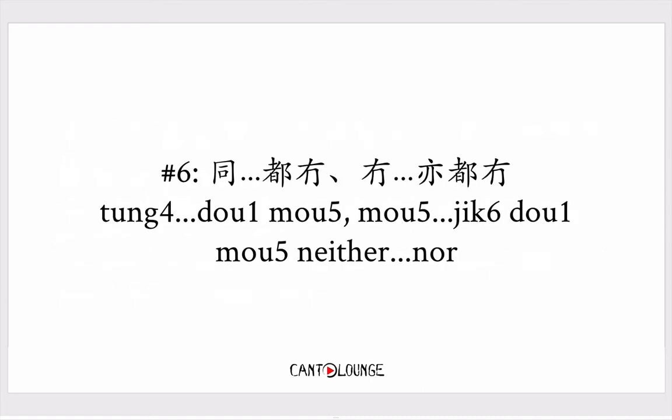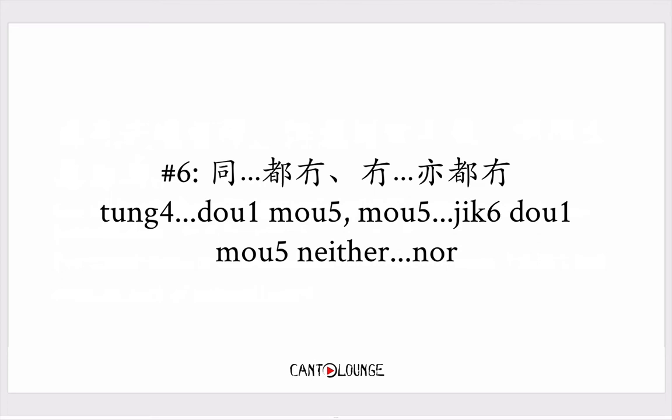Moving on, number 6, 同什麼什麼都冇，冇什麼什麼亦都冇. So this would be roughly how I would translate neither nor. And if you look at these, they're not very nice mappings. And if you've ever looked in any grammar book, you won't see these kinds of translations.